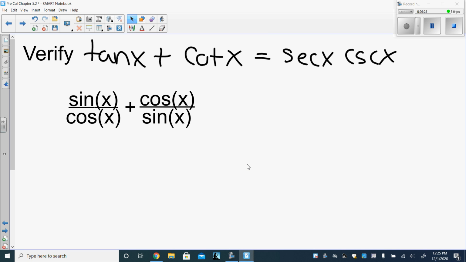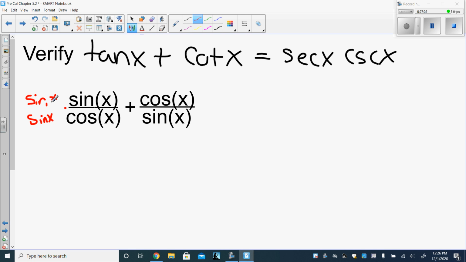Now, we want them together, because if we notice, the side that we're trying to get it to be the same as is secant times cosecant. So I need the denominators to be the same. In order to get the denominators to be the same, I need to multiply both of these fractions by something. So for sine over cosine, I'm going to multiply the top and bottom by, not sine squared, I keep wanting to do sine squared, I'm going to multiply top and bottom by sine of x.